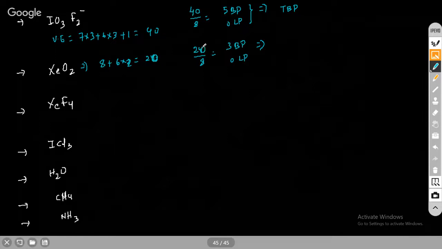So 20 divided by 8 gives 2 bond pair and 2 lone pair. Right? 2 bond pair and 2 lone pair. Electron pair is 4. So geometry will be what? Tetrahedral, since we have 4 electron pair. But shape will be what? Bent shape or V shape.